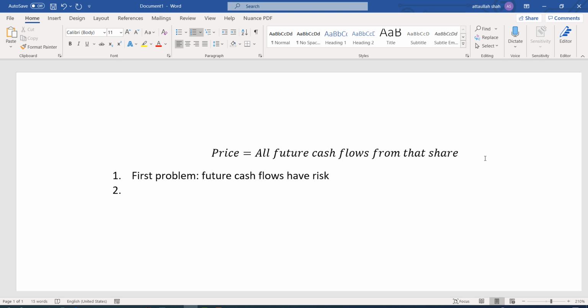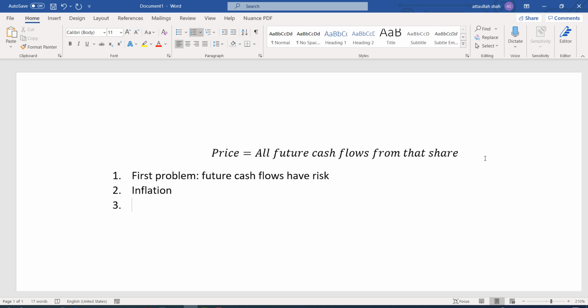So a dollar today is worth more than a dollar that we receive in the future. So the more we go into the distant future, the lesser that cash flow becomes in value. So investors would like to pay less price if they are facing more inflation.